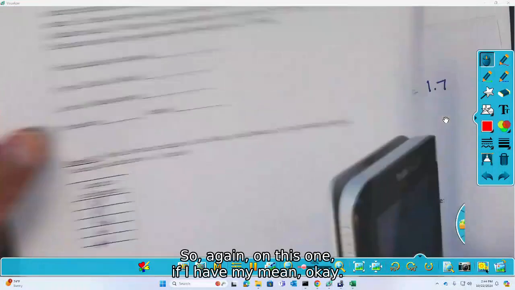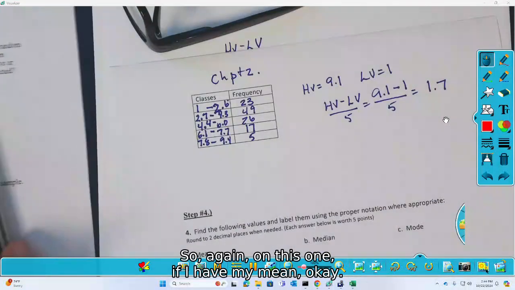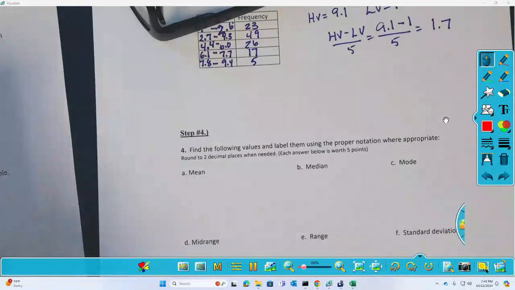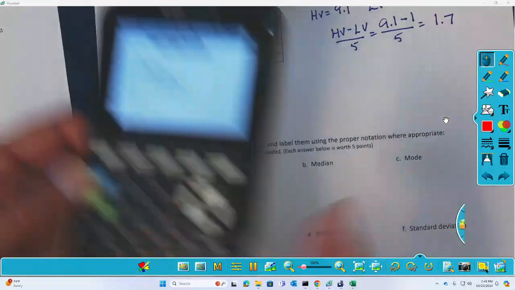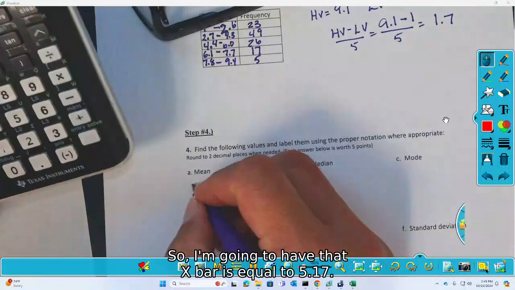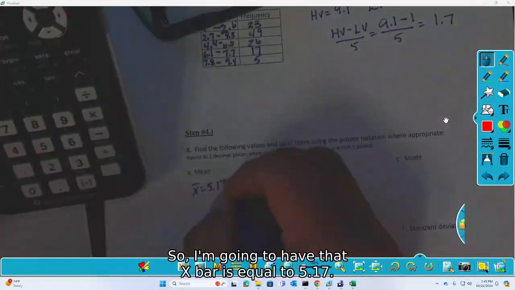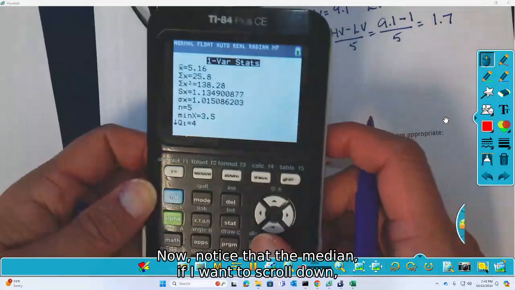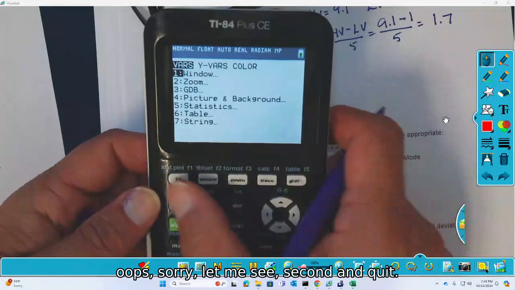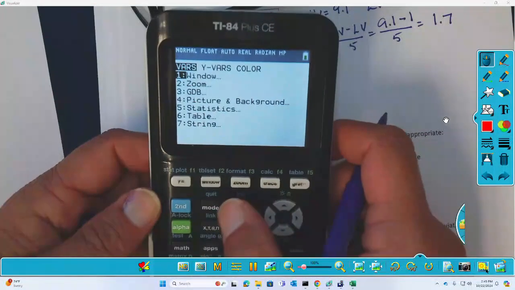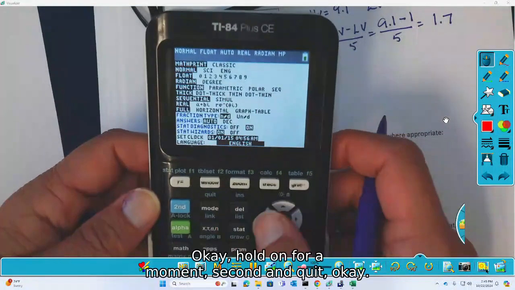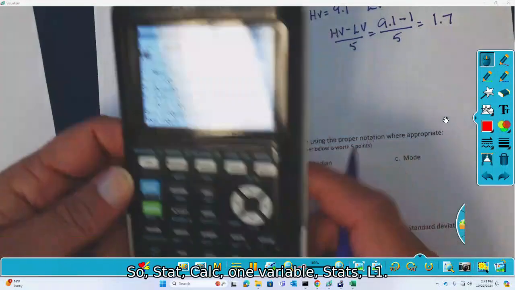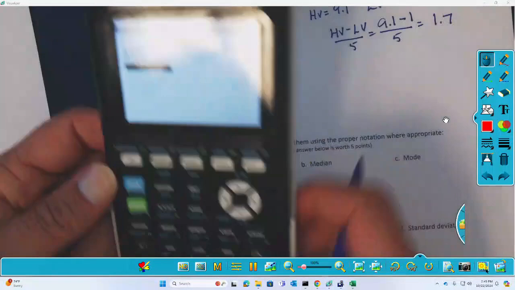So again, on this one, I have my mean for the 5 numbers in the sample. I have 5.17. So X bar is equal to 5.17. Now notice the median. Okay, so stat, calc, one variable stats, L1.